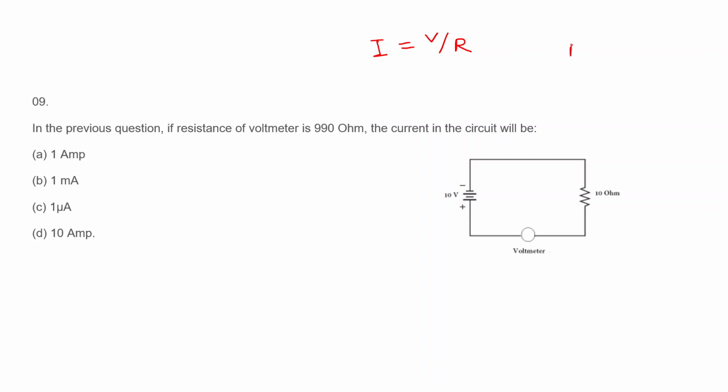So we know the total resistance will be 990 ohm plus this 10 ohm resistor, so a 1000 ohm resistor we have in series.